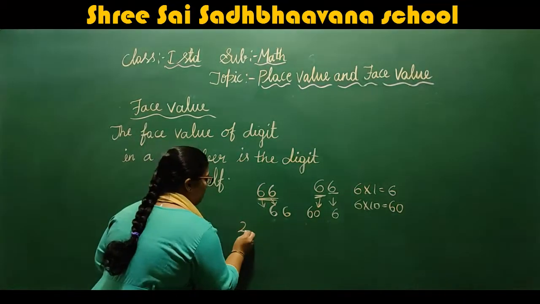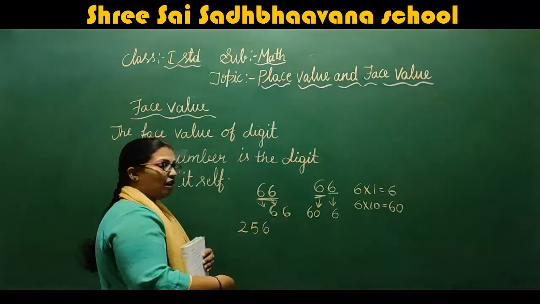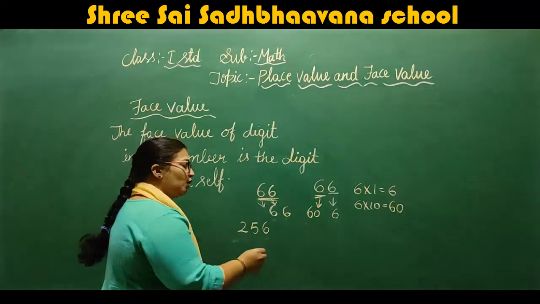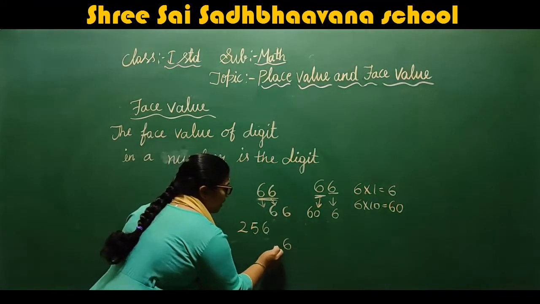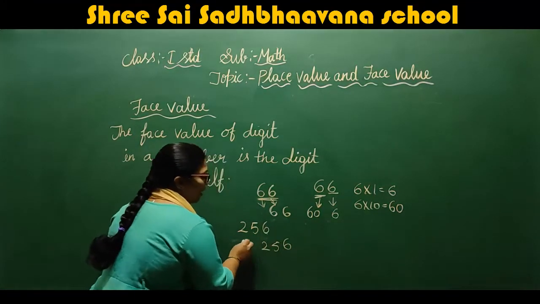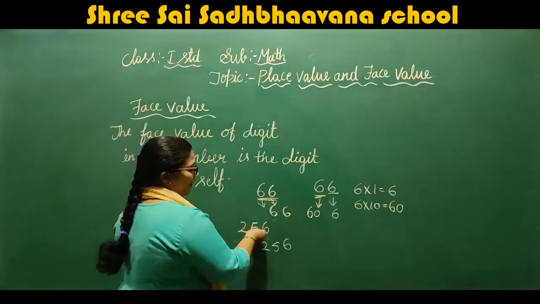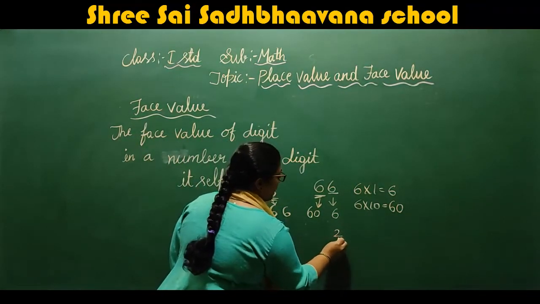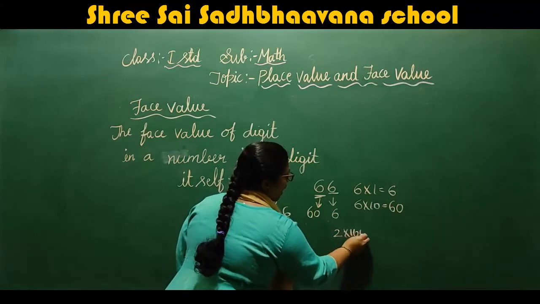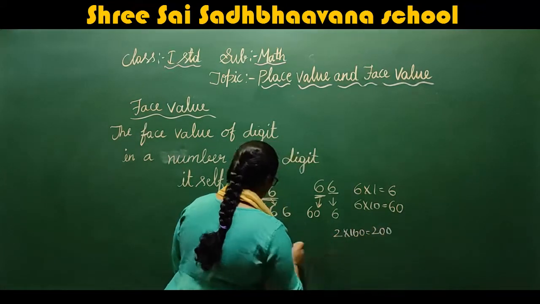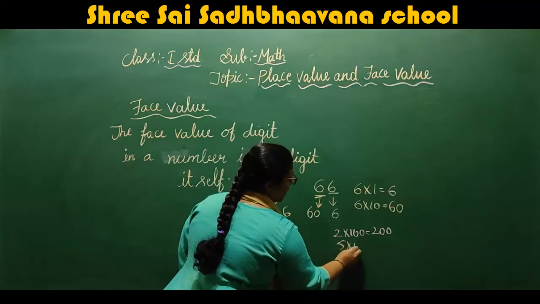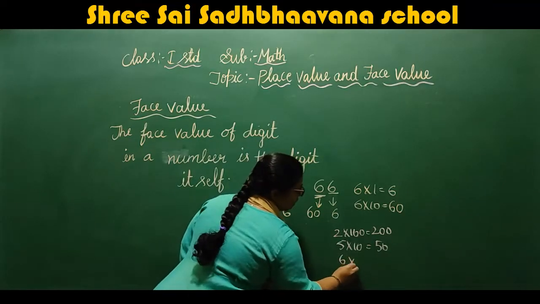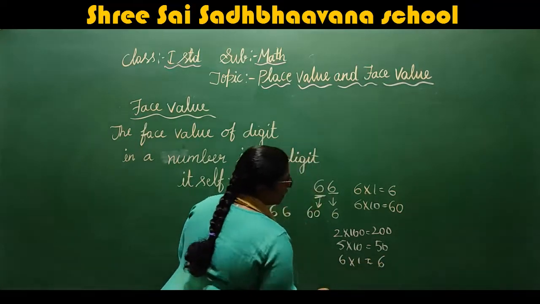If you take 3 numbers, 5, 6, 2, what will be the face value? For this also 6, 5, 2. It will be the same. If it is place value, 2's place will be 2 into 100, 200. 5's place is in the 10s, so it is 50, and 6 is in the 1's place, so it is 6.